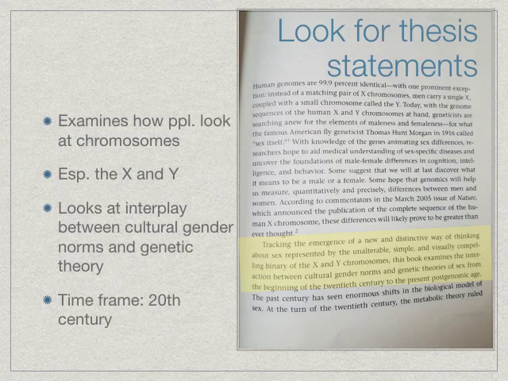For example, here she says that this book examines the interaction between cultural gender norms and genetic theories of sex from the beginning of the 20th century to the present post-genomic age. So the book examines how people look at chromosomes, particularly the sex chromosomes, X and Y. It looks at the interplay between cultural gender norms and the science, genetic theory. And it tells you the time frame that the book is going to be centered on, the 20th century.